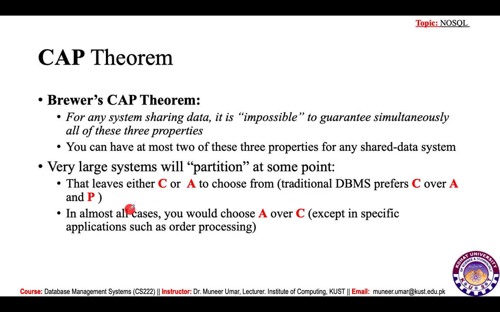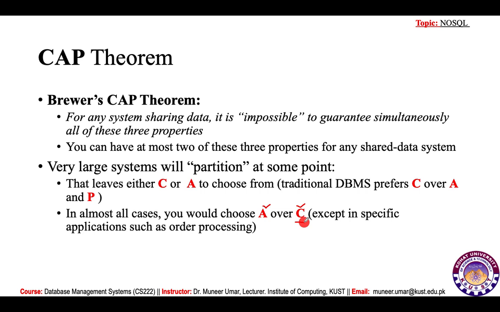In almost all cases, you would choose A or C. In the case of NoSQL, we prefer availability over consistency. So the first thing is availability, and the second thing, if we achieve availability, then we care about consistency. We may have some specific applications in which we require consistency, but in general, for NoSQL, the foremost thing is availability of services to the users.